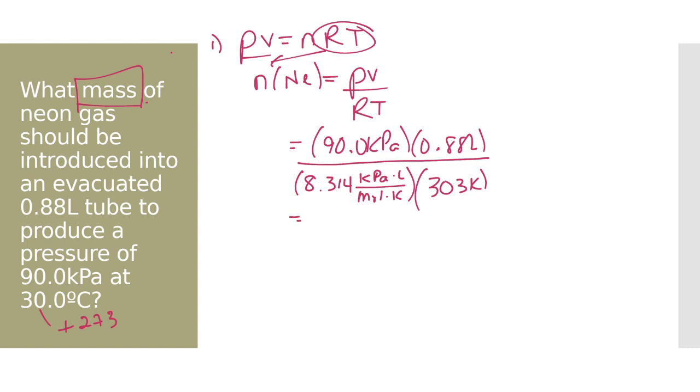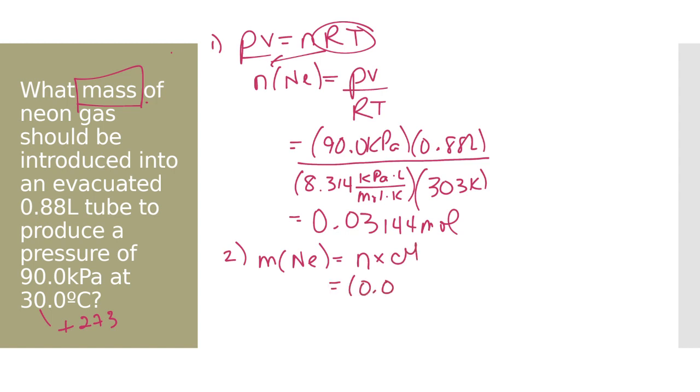So let's calculate our moles. I am getting a value of 0.03144, I guess I'll call it there, moles of neon. And then they ask us for the mass. So let's just quickly convert into a mass of neon. We're going to take moles times the molar mass.